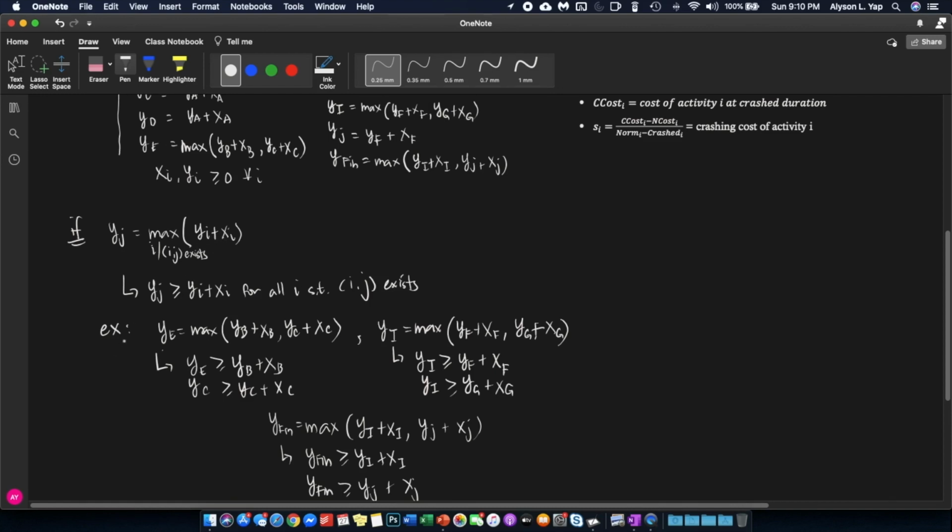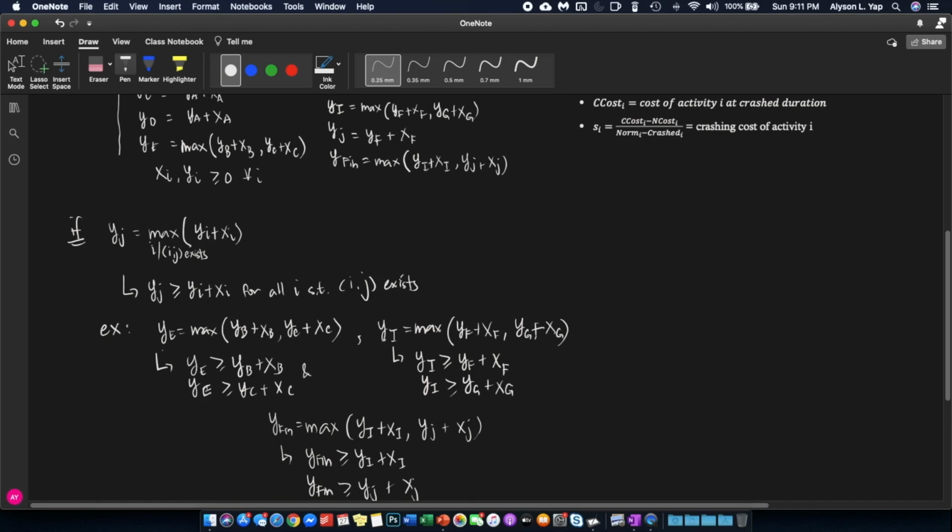For example, given that y sub e is equal to the maximum between y sub b plus x sub b and y sub c plus x sub c, then we can convert this maximum function into two constraints. What are the two constraints? First, y sub e is greater than or equal to y sub b plus x sub b, and second, y sub e is greater than or equal to y sub c plus x sub c.